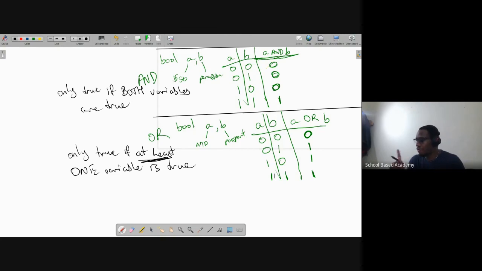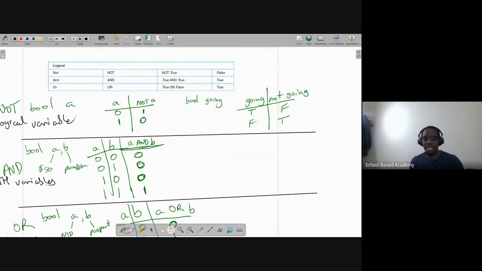As long as you have one, then the OR operator will give you the expression true. All right? This is where I'm going to end today. I am going to resume next week with some truth tables. We're going to go into this a little more because I feel it's really important for us to understand truth tables and logical expressions, because a lot of programming and programming expression is based upon this.